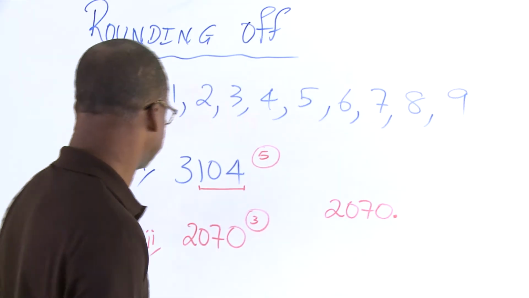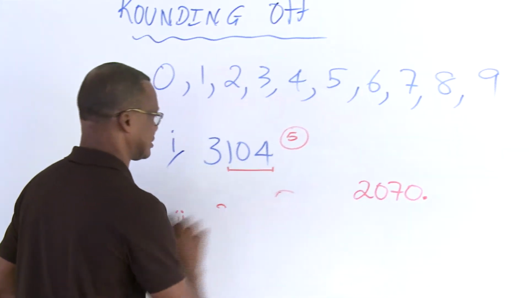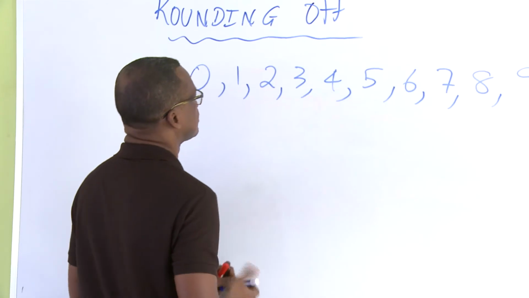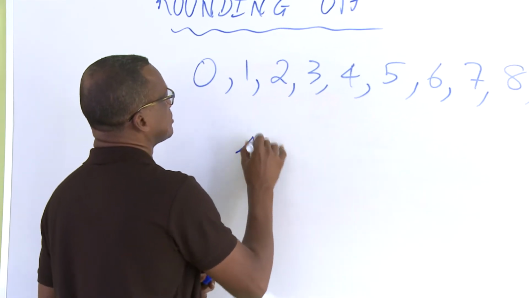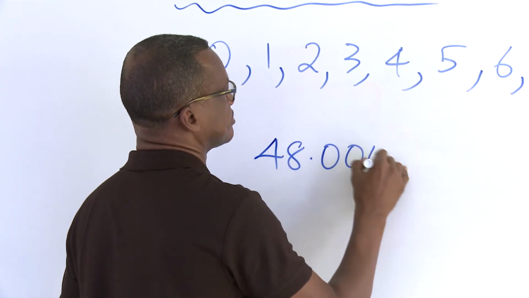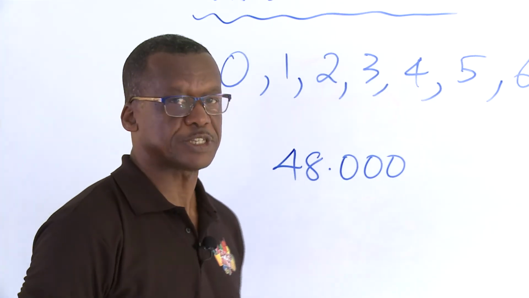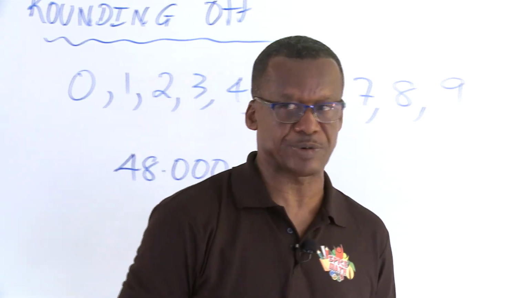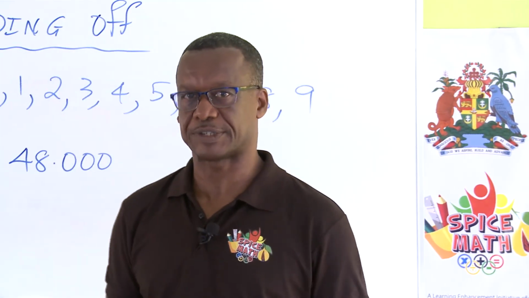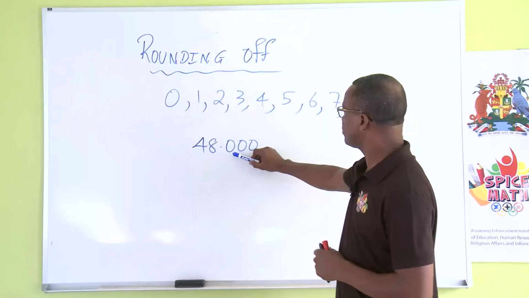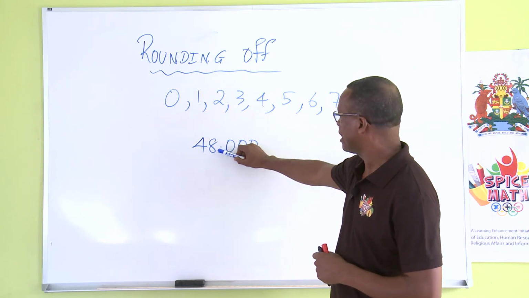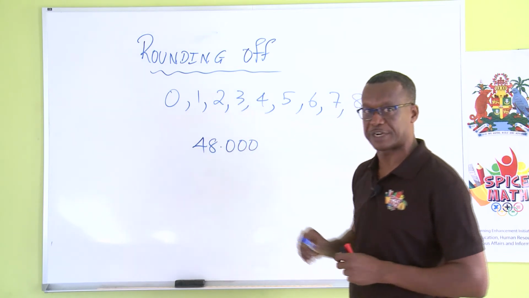Let's look at an example. 48.000 would contain 5 significant figures simply because the zeros follow the decimal place and they also follow a significant figure.